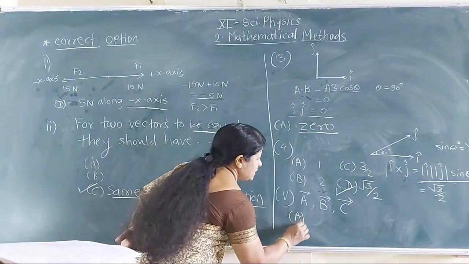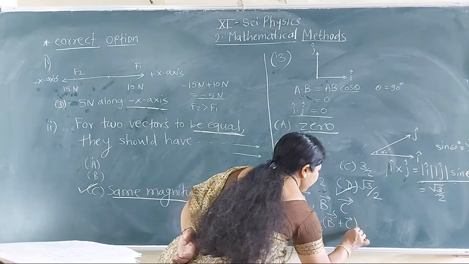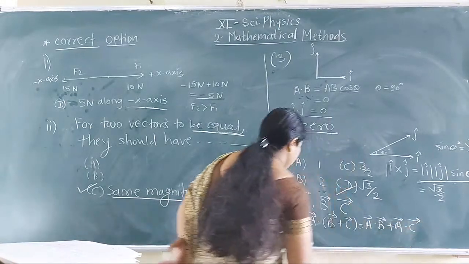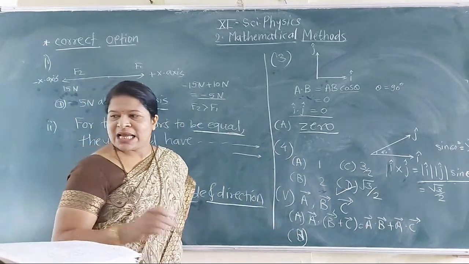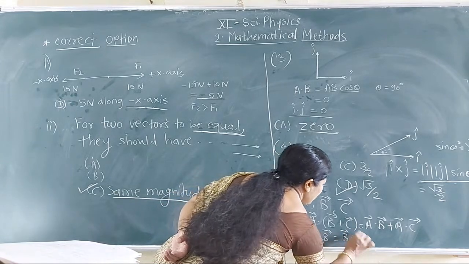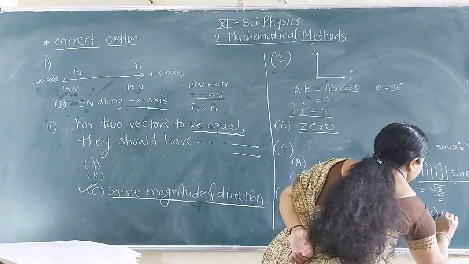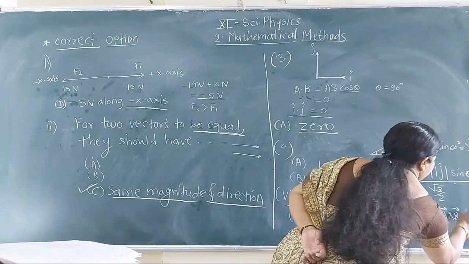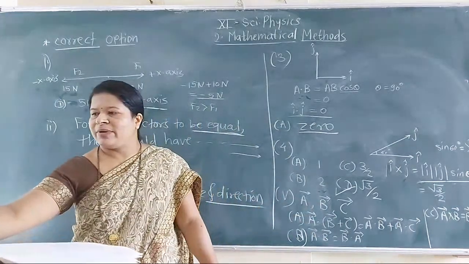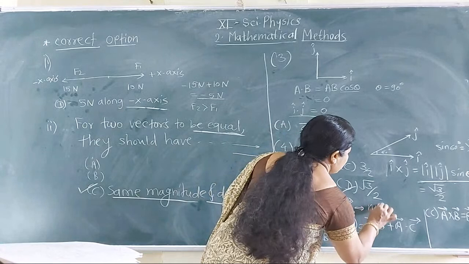Option A: vector A dot (B plus C) is equal to vector A dot B plus vector A dot vector C. Option B: vector A dot vector B is equal to vector B dot vector A. Option C: vector A cross vector B is equal to vector B cross vector A. Now, we have been given three vectors A, B, C. Which of the following is not correct?